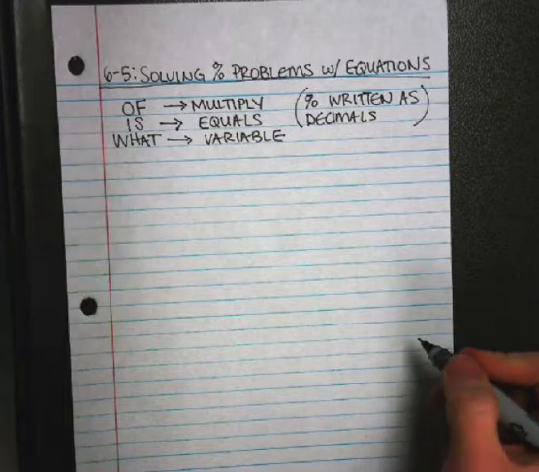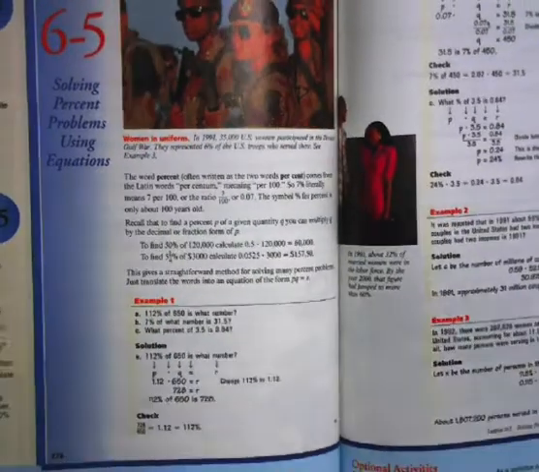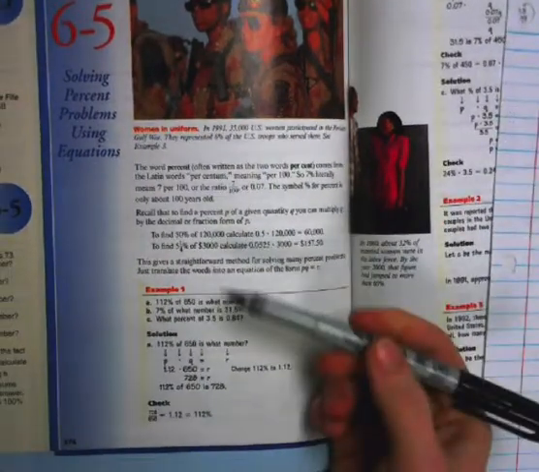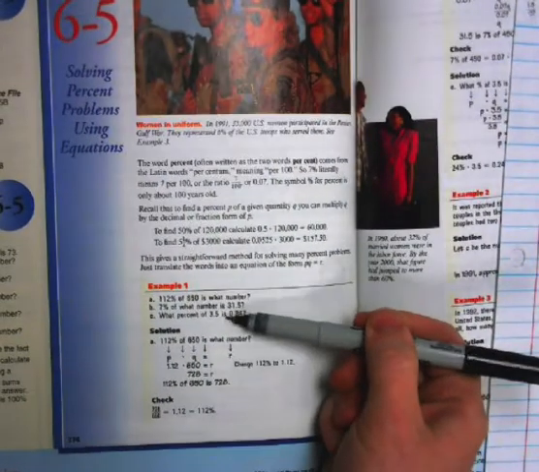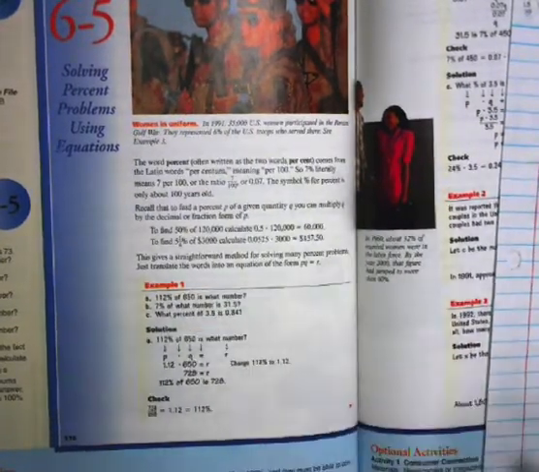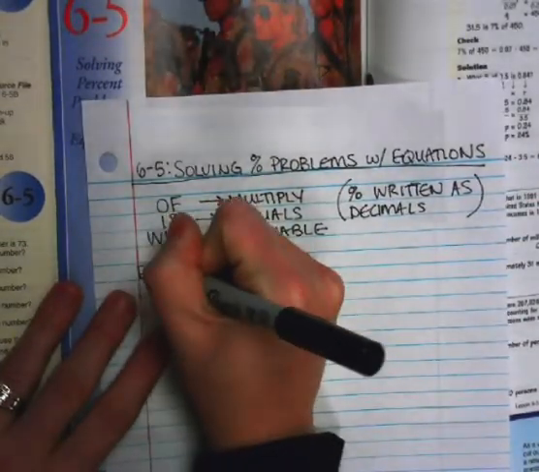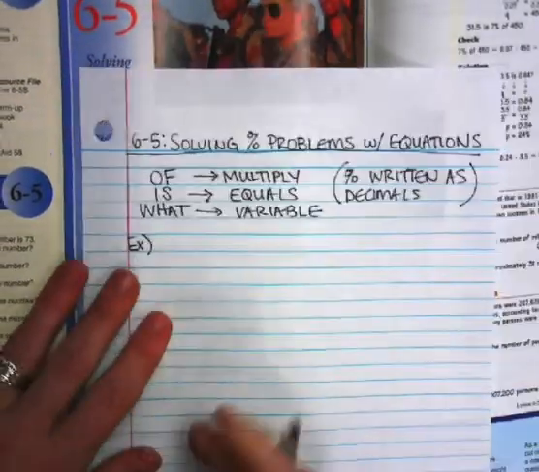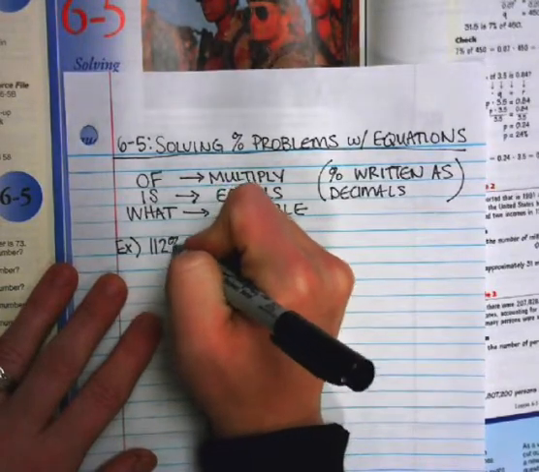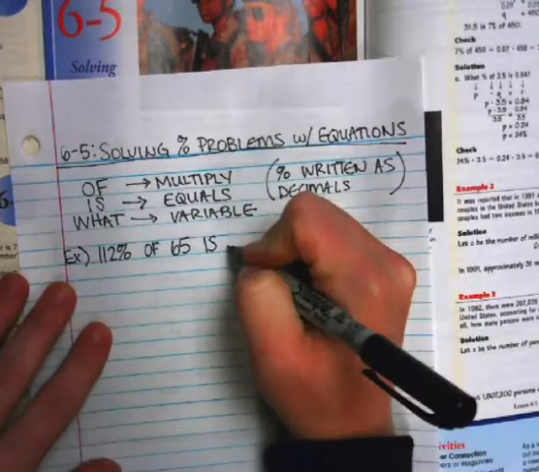Alright, so let's look at example 1, and there are 3 parts to this, and they ask us to find a different thing in all 3 of these. So this shows the basic 3 problems that we will look at. Okay, so the first one says 112% of 650 is what number?